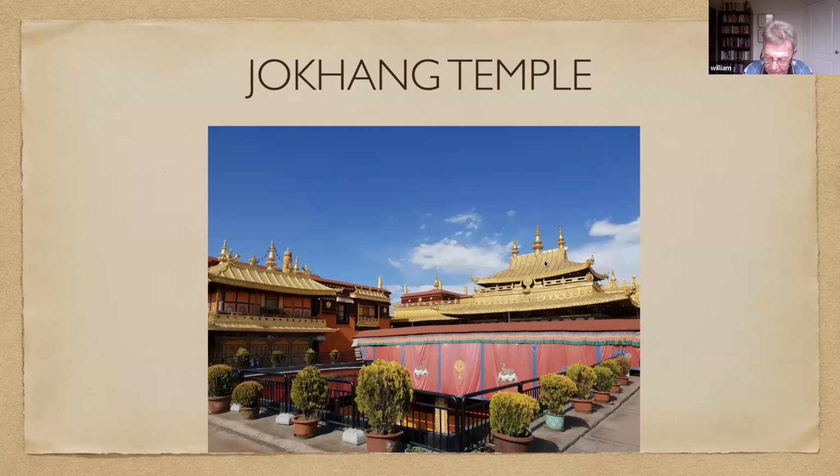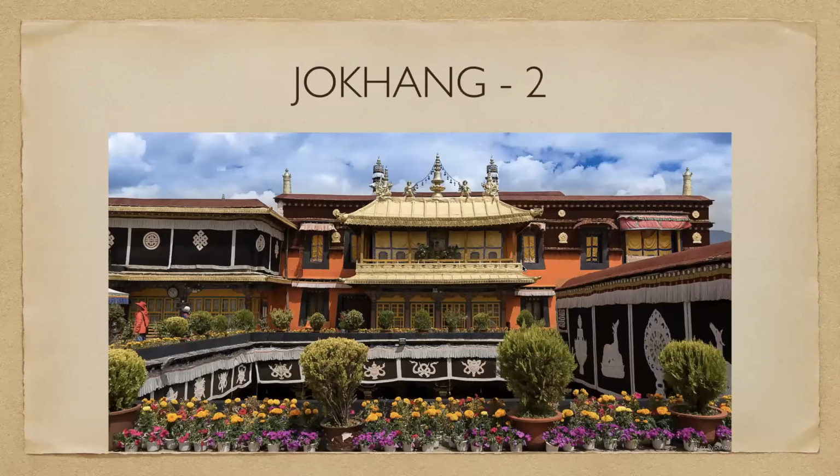Now, of course, it's been renovated a number of times. Estimated dates for beginning of its building, 639 to 647. Wow. I'll leave this up just for a moment so you can get a good view.